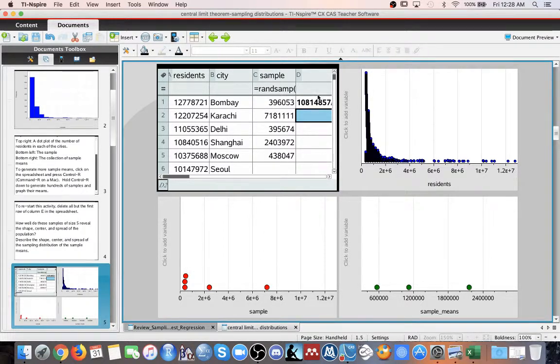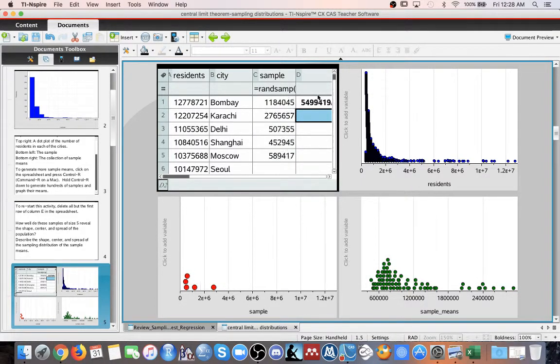As I continue to refresh this, keep an eye on the 2 graphs on the bottom, and you'll notice that sometimes the points are really clustered together like right now, and sometimes they're more spread out, which means there's a relatively small amount of consistency in the types of samples that you get.